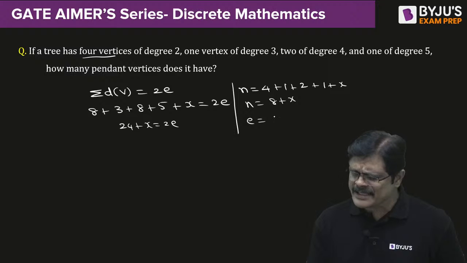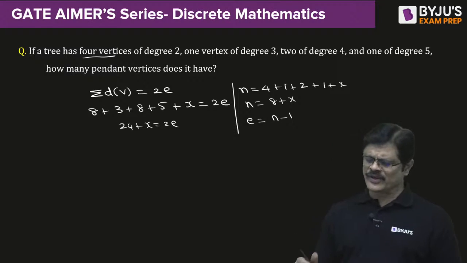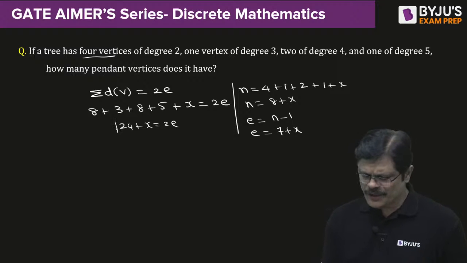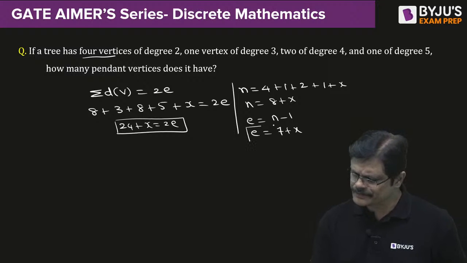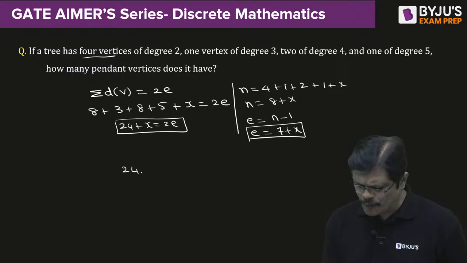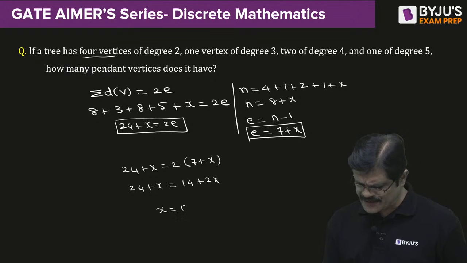The number of edges in a tree is n minus 1, so the edges are 7 plus x. Substituting, 24 plus x is equal to 2 into 7 plus x, that is 14 plus 2x. So x is equal to 24 minus 14, that is 10.